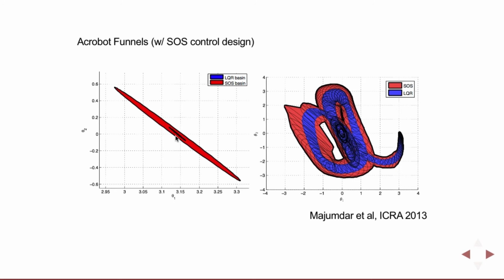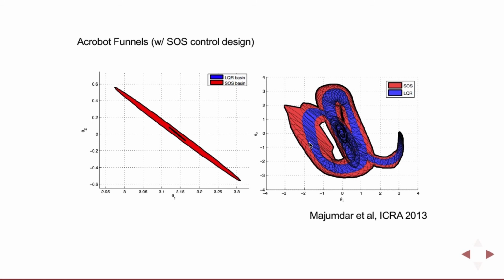And then doing one with sums of squares control design in the middle, you get a much bigger verified basin. And this is the time varying trajectory swinging up to the top, which is incredibly complicated to look at and looks like it has kinks and weird things in it. But you have to remember this is a projection of a 4-dimensional thing down, so it always looks funny because of the projection.